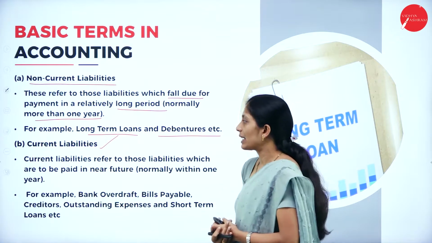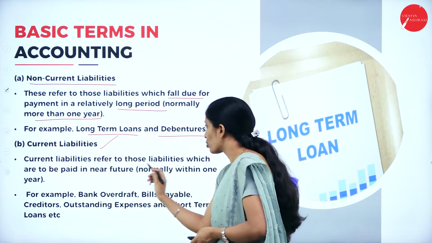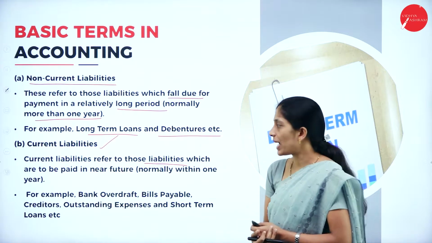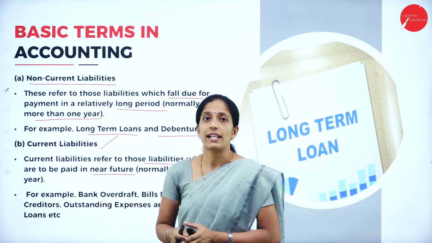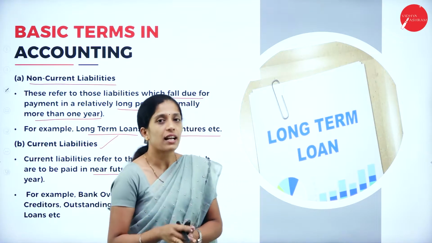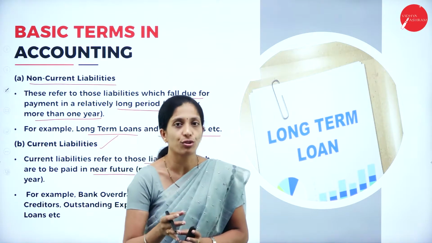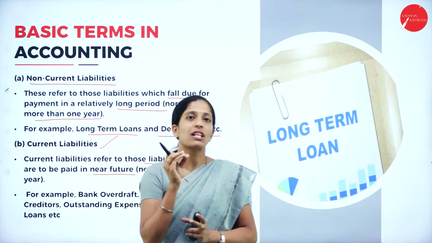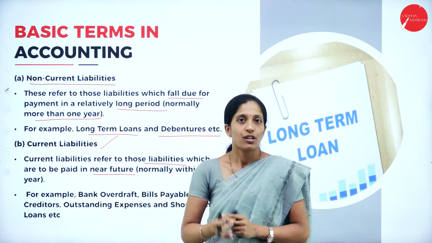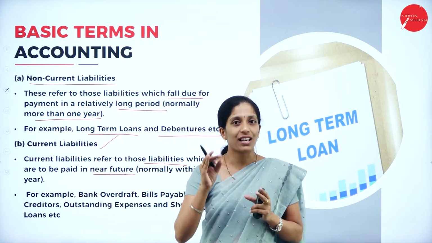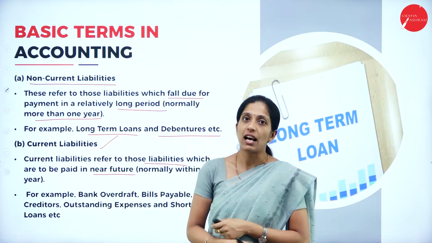Now what is this current liability? These refer to those liabilities which are paid in the near future. It is opposite to non-current liability, whereas current liability is to be paid in the near future. Here the duration is very small, that is normally less than 1 year.